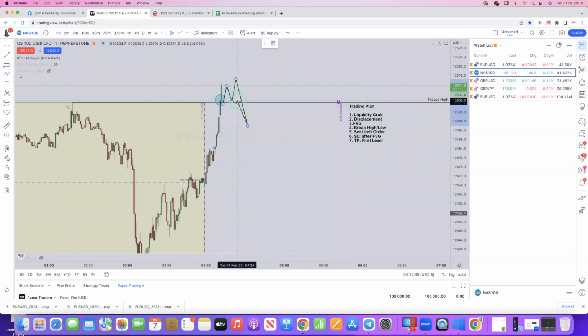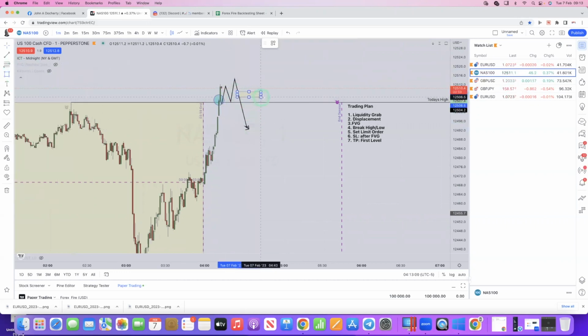While it does this and does a change of character, or a CHoCH if you want to call it, it is possibly leaving behind, like I see, that two minute fair value gap. So what we look for then, after that pull back through, is a retracement back into that to then come down to target these lower areas. So again, it could do that, or we may get a movement like this.